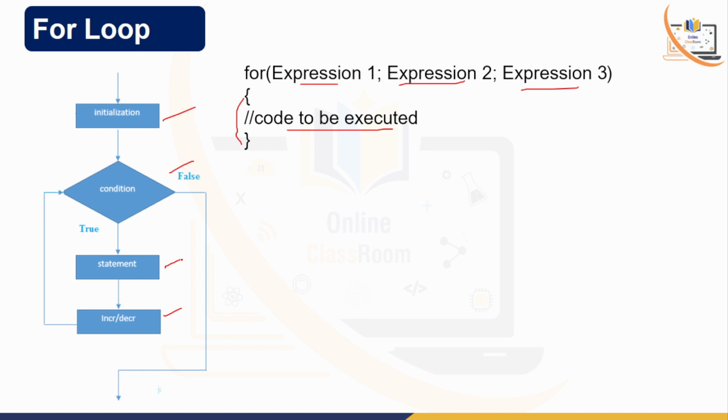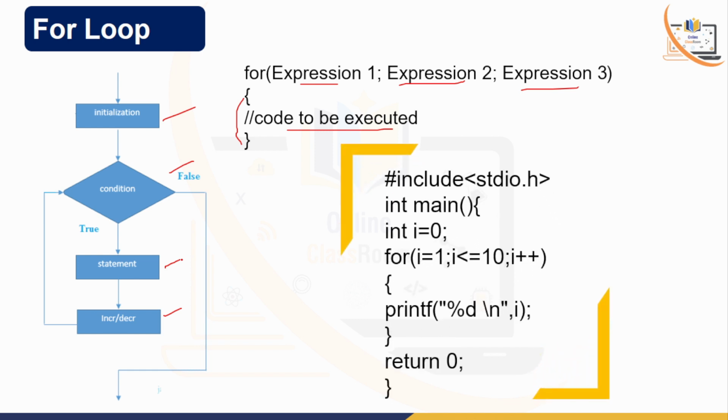Right? So if we want to see a simple program, first there is the main function, and after that there is int i. Suppose in expression 1 I write i equals 1, so it means we initialize i, and the first value of i is 1.